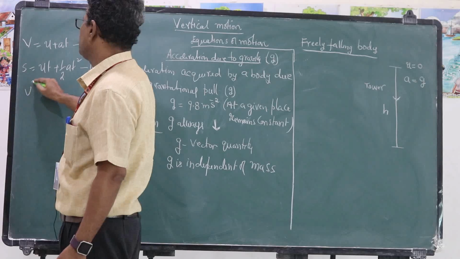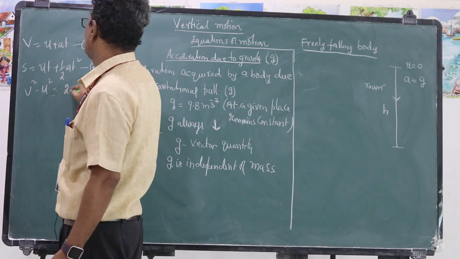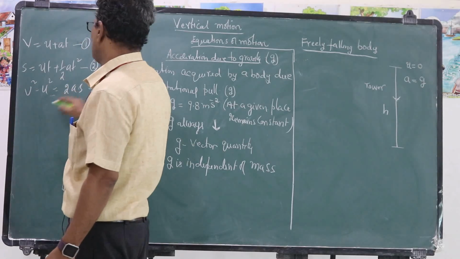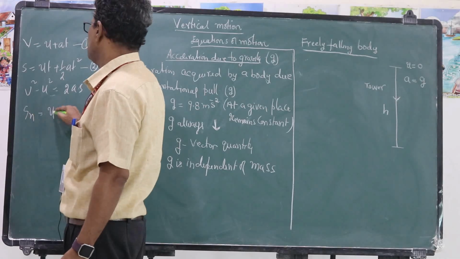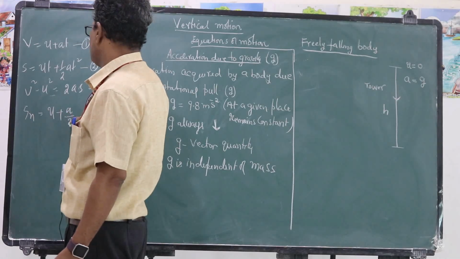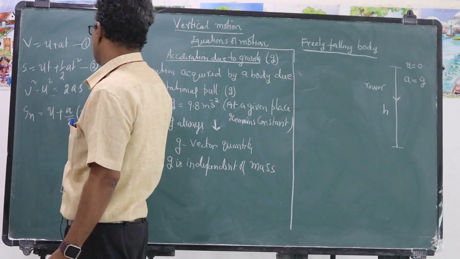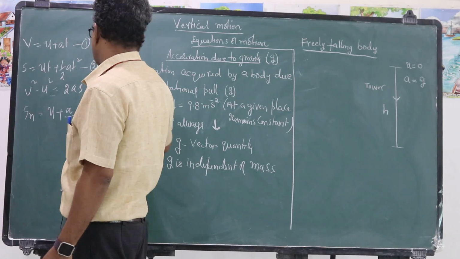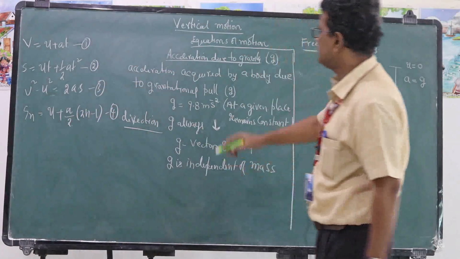The third one is v square minus u square is equal to 2as. The fourth one is Sn is equal to u plus a by 2 into (2n minus 1). So these are the four equations of motion.